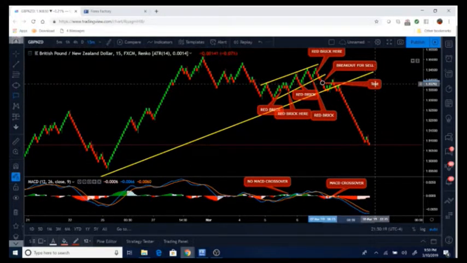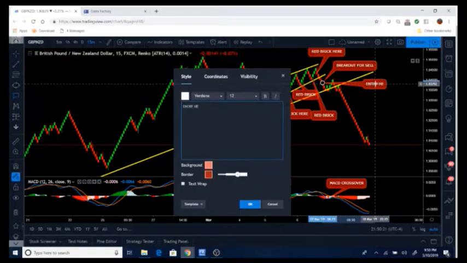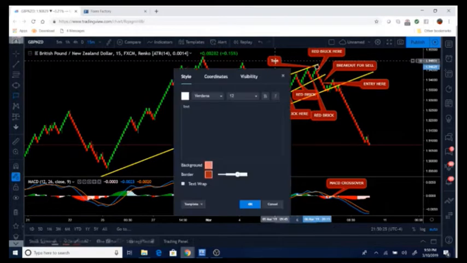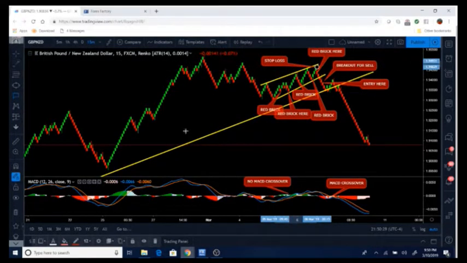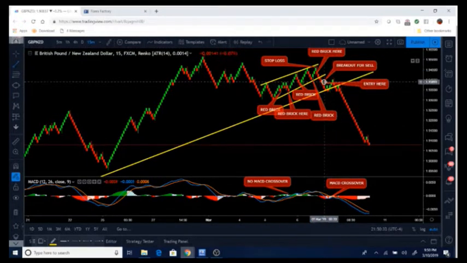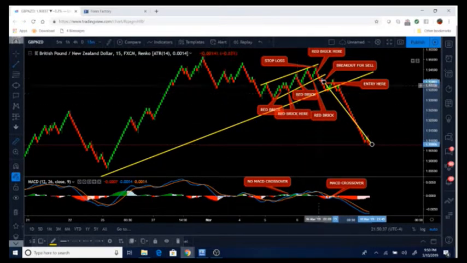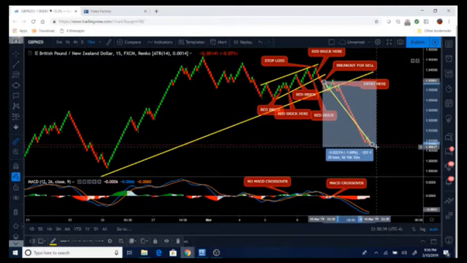So my entry is here, my stop loss here, on the 15-minute time frame, and guess what? I catch this move to the downside. Boom. 300 pip move to the downside.